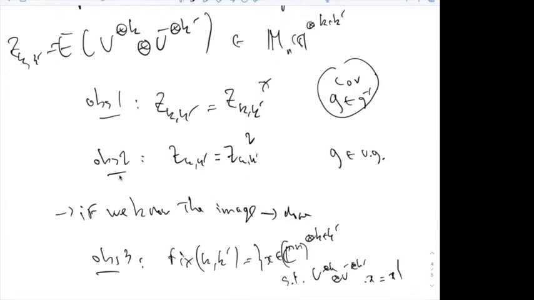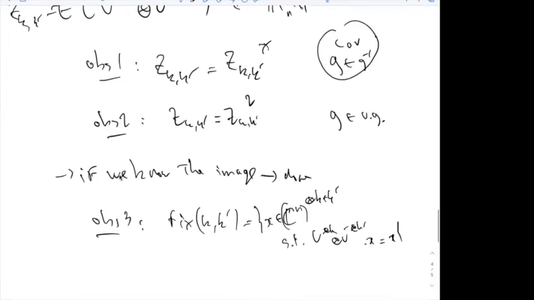The points which are left invariant by this are contained in the image of z k prime. This is very clear, right? Because if it's invariant under u for all u, then if I average, this is again invariant. Then z of x equals x, so it's in the image.